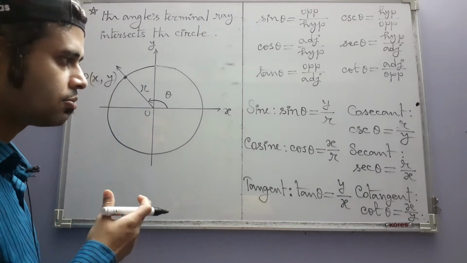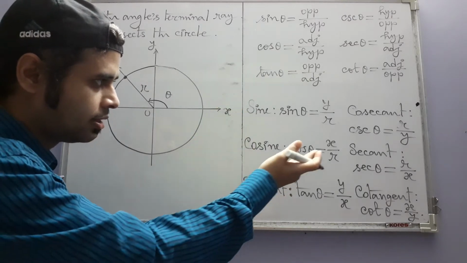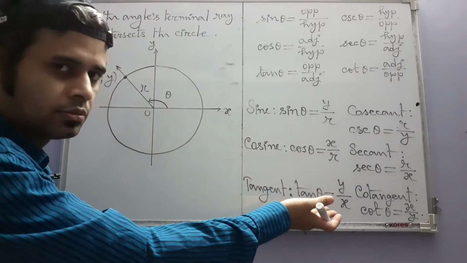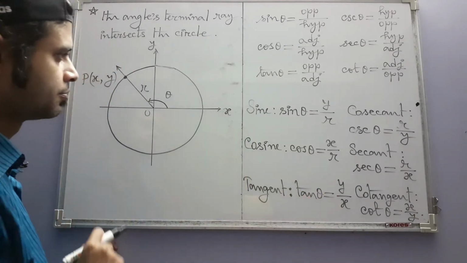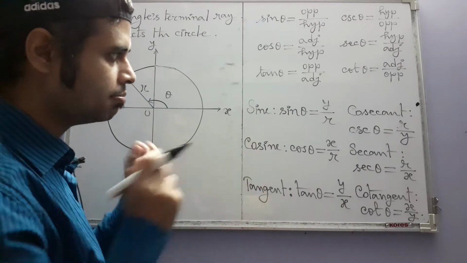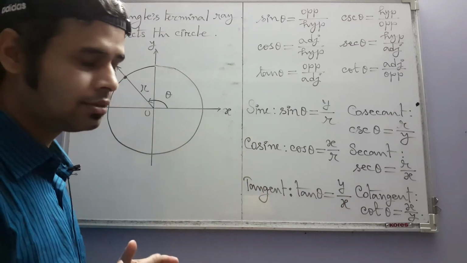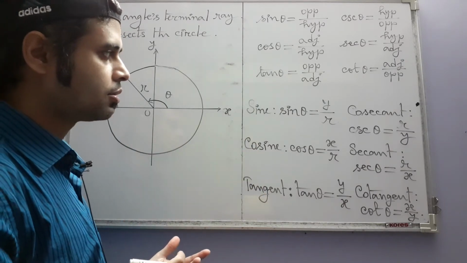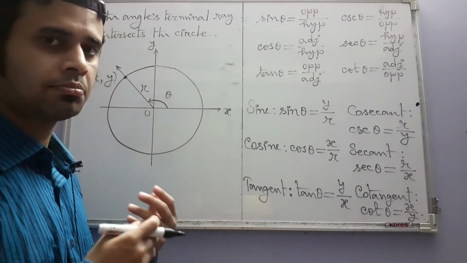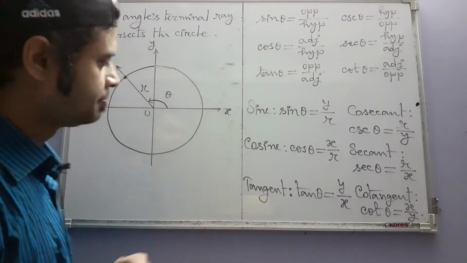So from those coordinates you can calculate these function values, and that's what these functions mean. They have now been defined entirely in terms of coordinates of some point in the plane.